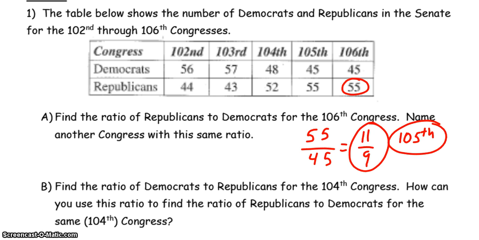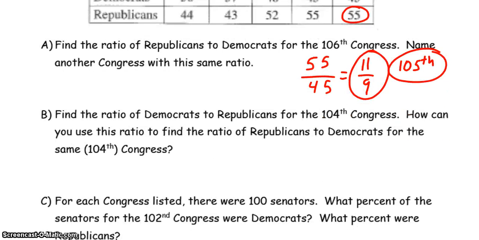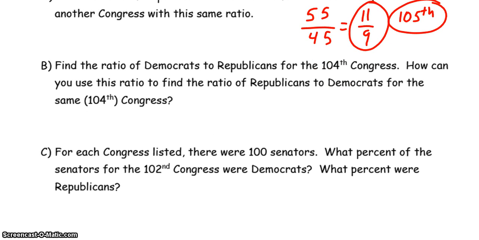So, of course, it's going to reduce to the same element. For Part B, we're finding the ratio of Democrats to Republicans for the 104th Congress. How can you use this ratio of Republicans to Democrats for the same 104th?